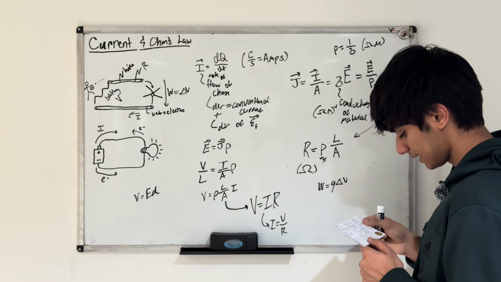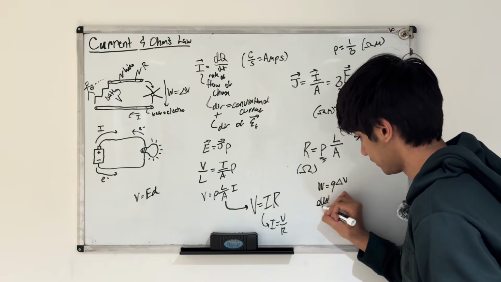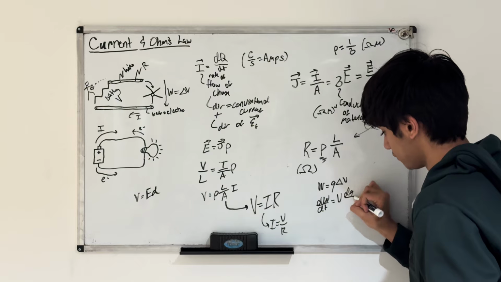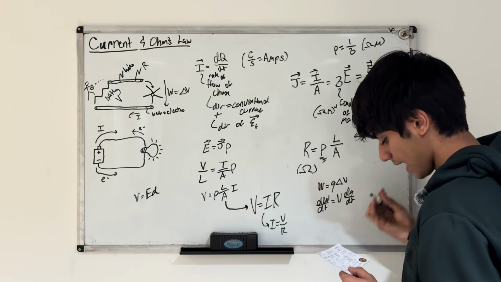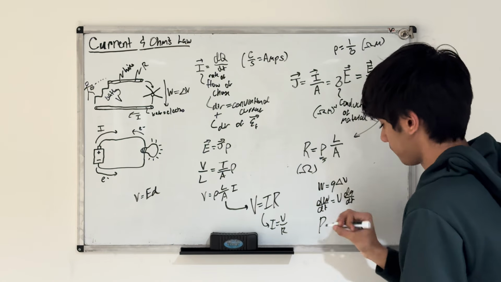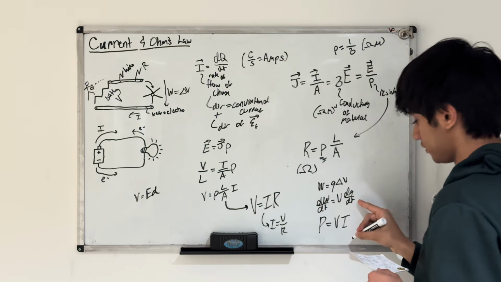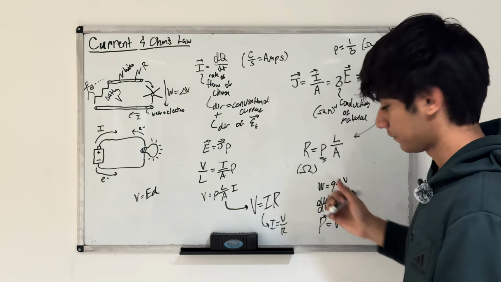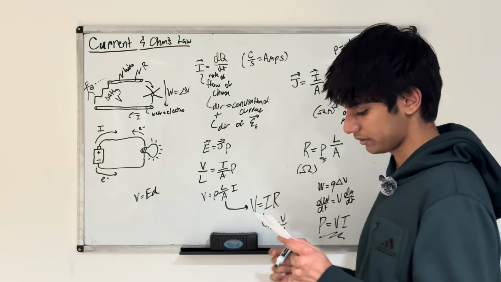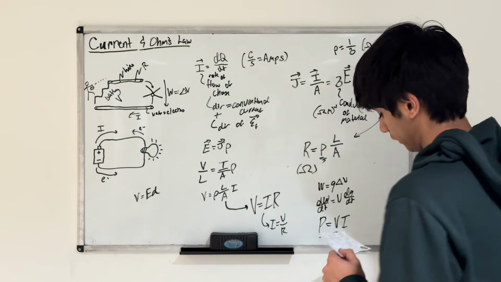If we take the derivative of this with respect to time, dW/dt, and say that V is constant, we get dW/dt equals V dQ/dt. dW/dt is power, because power is work over time, which equals V times I, because dQ/dt is what we said to be I. So this is another important formula: the power for a circuit is equal to voltage times current.